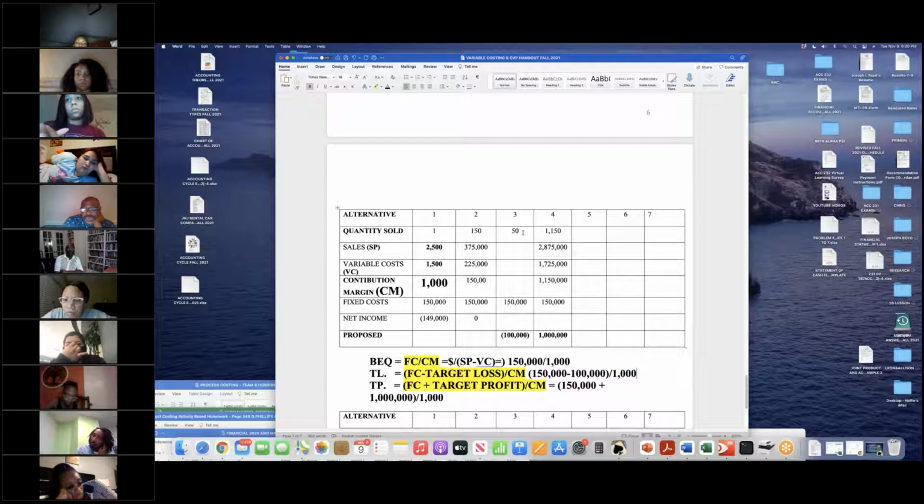Once we calculate it with the formula, then we put it in here to see if it works. So what's 50 times 2,500? 125,000. And what's 50 times 1,500? 75,000. So 125 minus 75 is what? 50,000. So the loss is going to be 100,000.